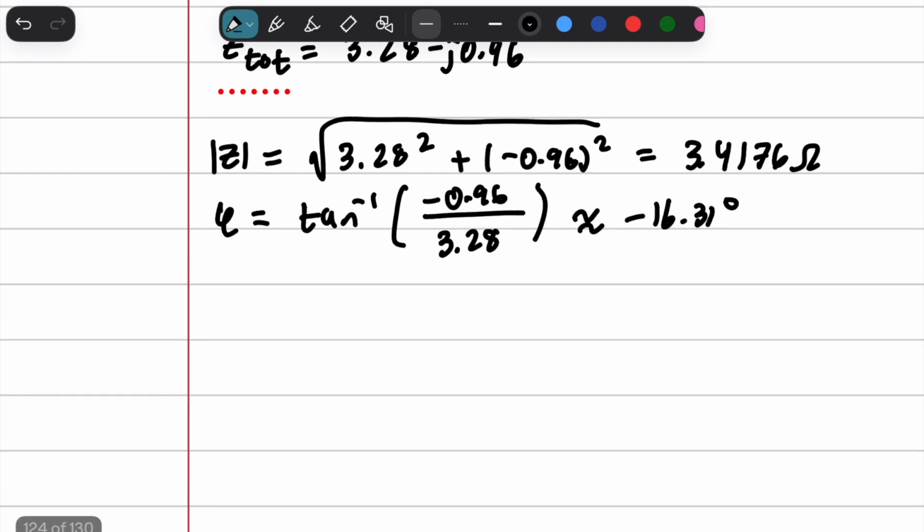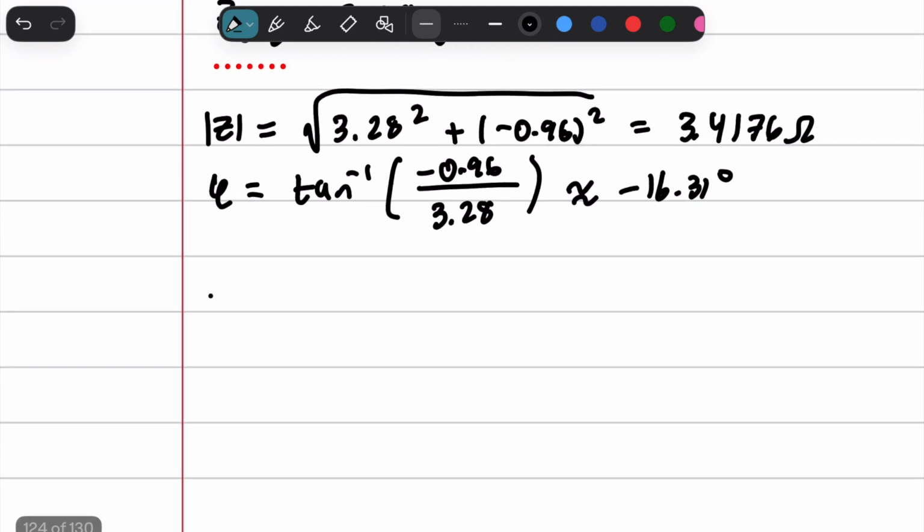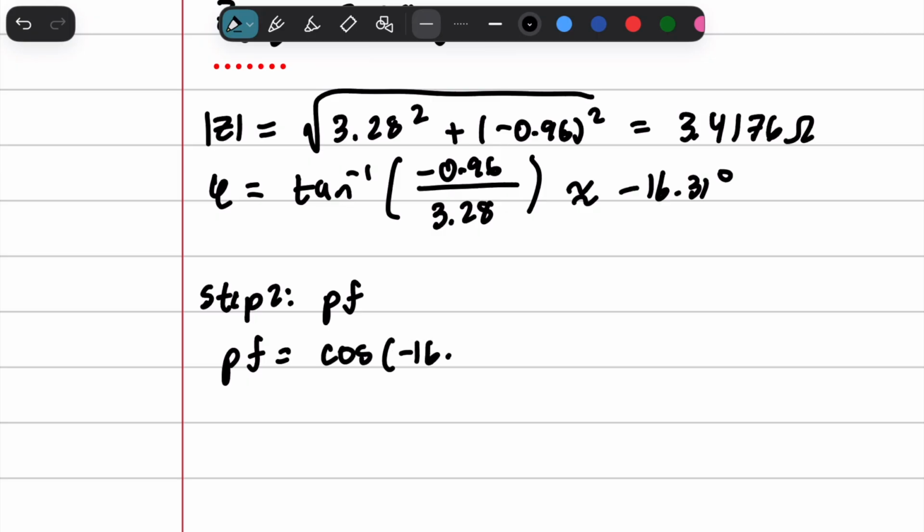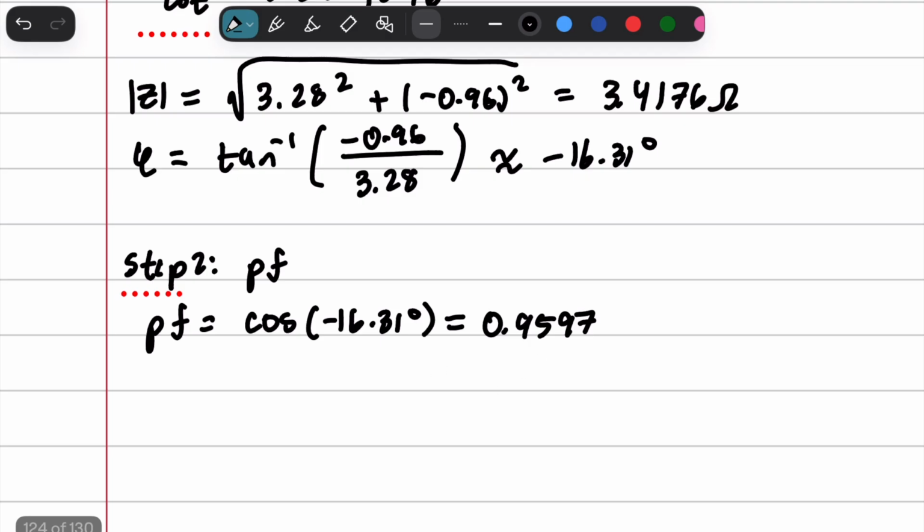And so we can say step 2, the power factor. So the power factor is just going to equal cosine of negative 16.31 degrees, and that's about 0.9597. Okay, 95%.